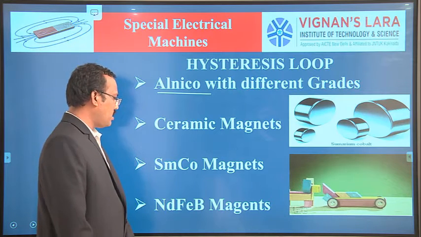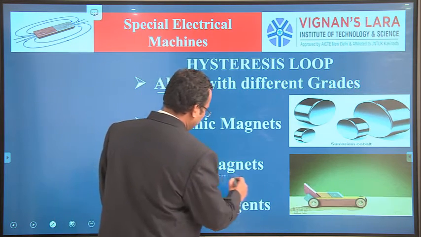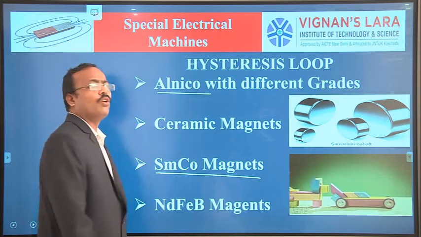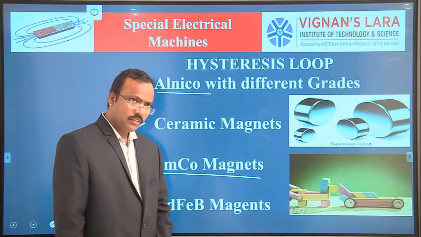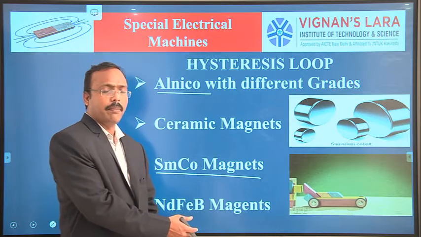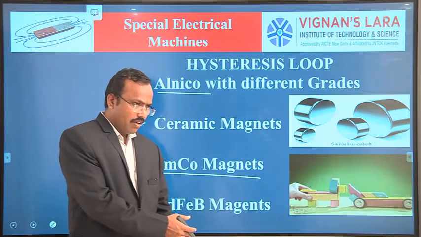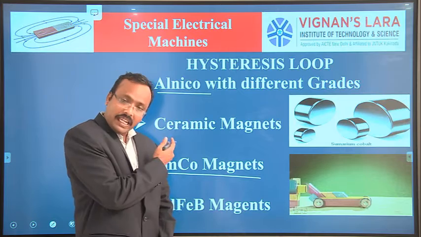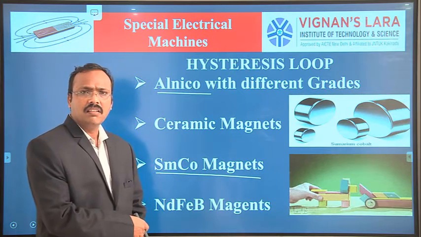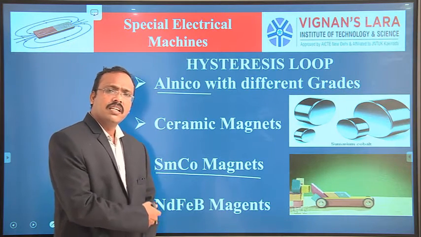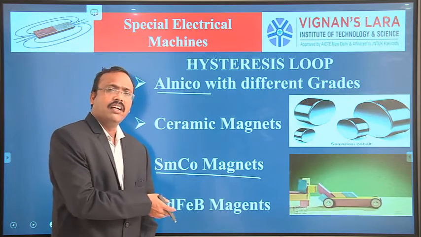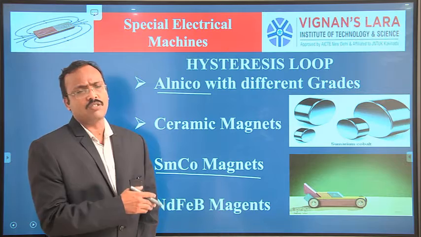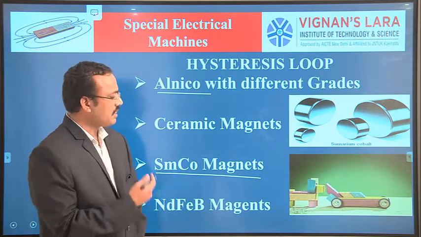The third one is the SmCo magnet. And the fourth one is called the NdFeB magnet. So we have 4 types of permanent magnet materials. We already studied applications of permanent magnet material and also discussed the hysteresis loop, the recoil line and the minor hysteresis loop in the previous classes.